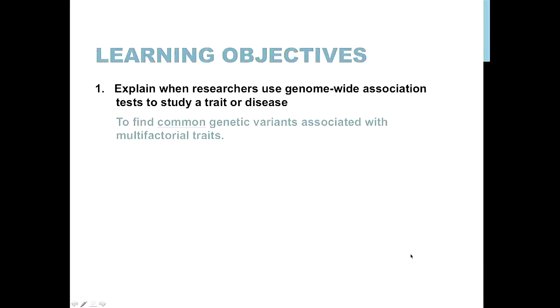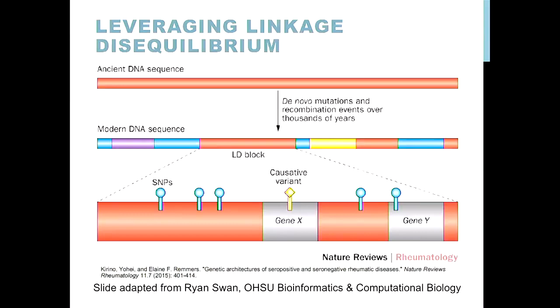Okay, so hopefully I have taken you through this. You should be able to explain when researchers use genome-wide tests to study a trait or disease: to find common genetic variants associated with multifactorial traits. I really like this picture, from a Nature Reviews Rheumatology review. It hammers home linkage disequilibrium: we have some ancient DNA sequence, and over thousands of years, de novo mutations arise, and there are a number of recombination events with every new generation.